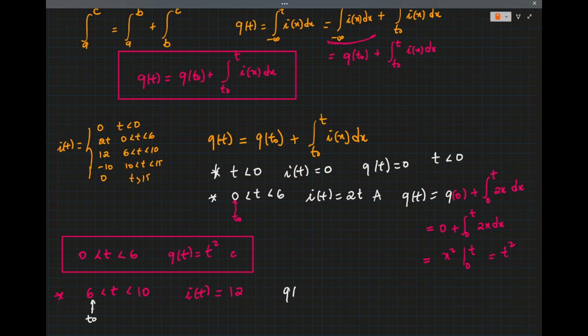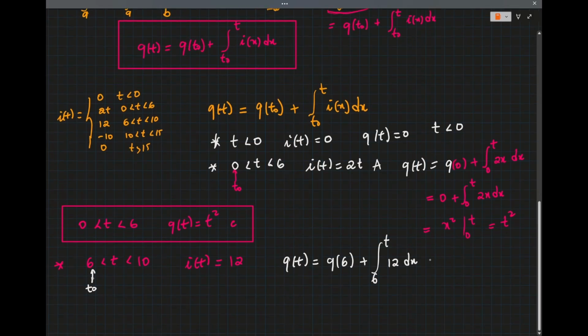So q of t for this is q of 6 plus the integral from 6 to t of 12 dx.